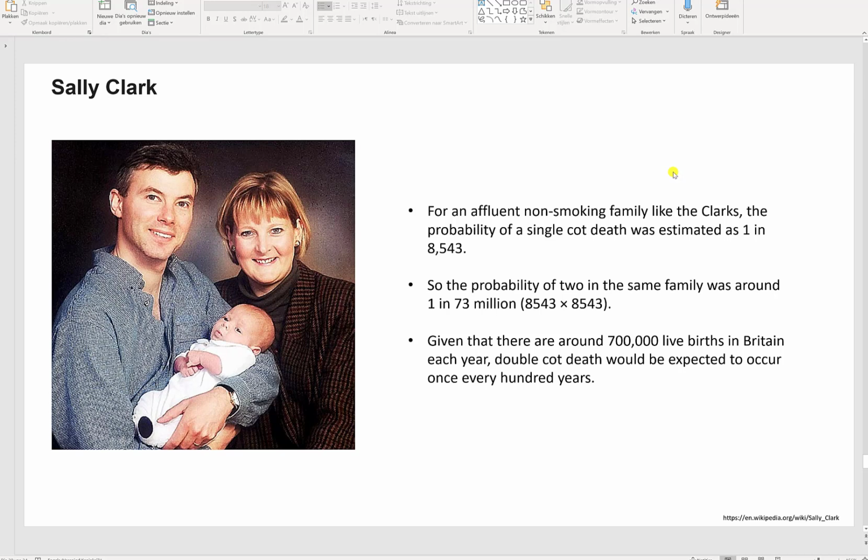So the probability of 2 in the same family was around 1 in 73 million. Given that there are around 700,000 live births in Britain every year, a double cot death would be expected to occur once every 100 years. And based on that, she was tried and found guilty.